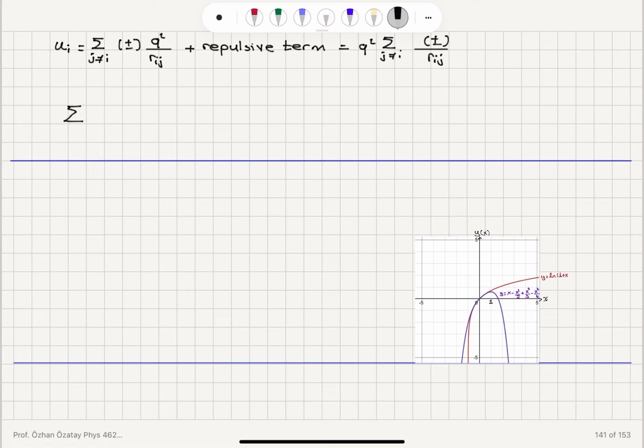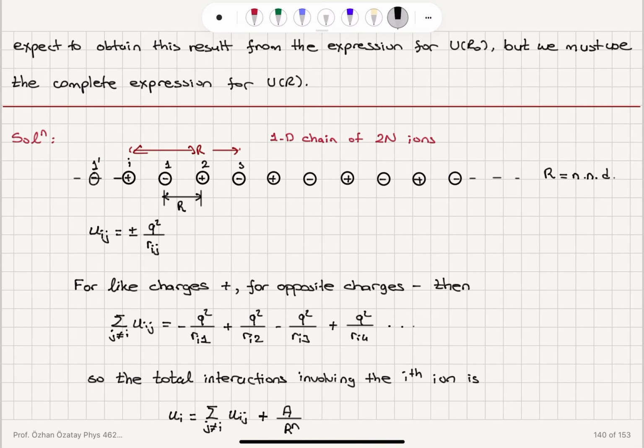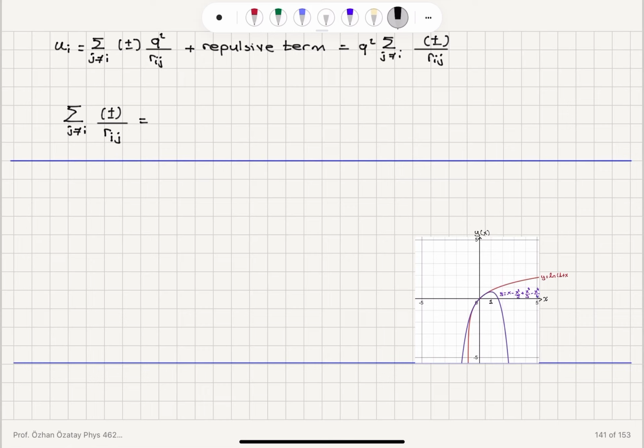We have plus or minus divided by Rij, the distance between the ith and jth ions. For the first term, the distance between the ith and the first ion is R. So the first term is minus 1 over R.